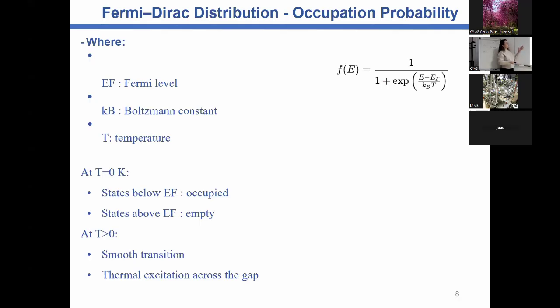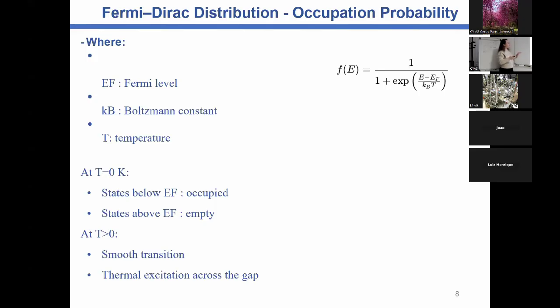And the distribution of the density of states is filled using the Fermi-Dirac distribution. So it will say, for instance, that 2 electrons are allowed to occupy one orbital, one electron up and one electron down.